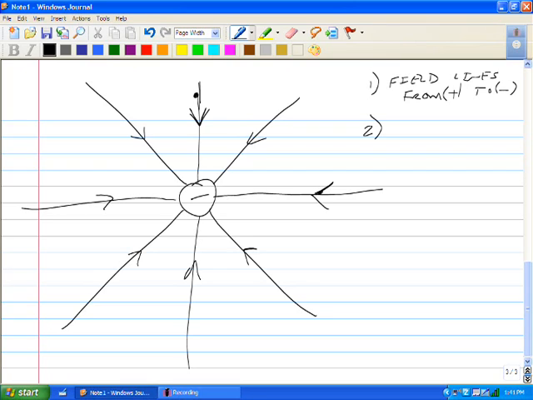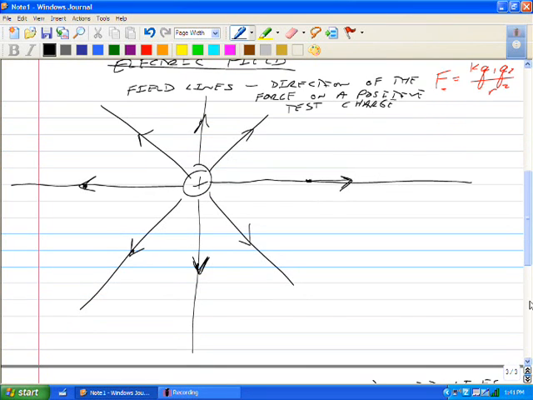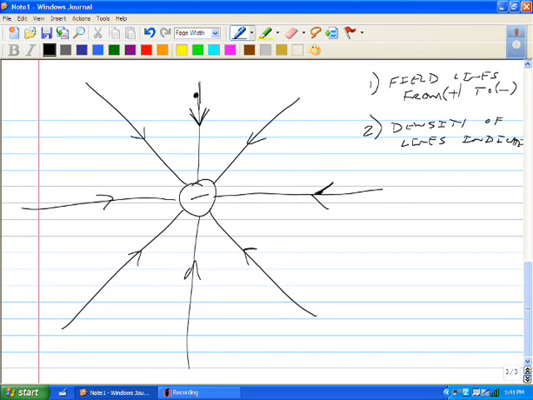Second convention is that the density of the lines indicates the field strength, or the magnitude of the field.